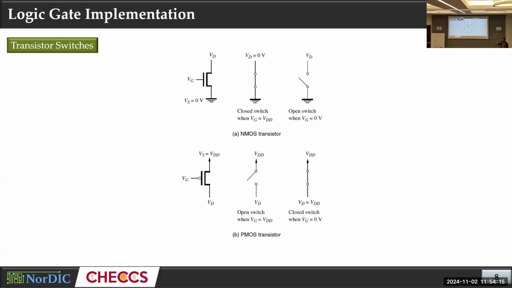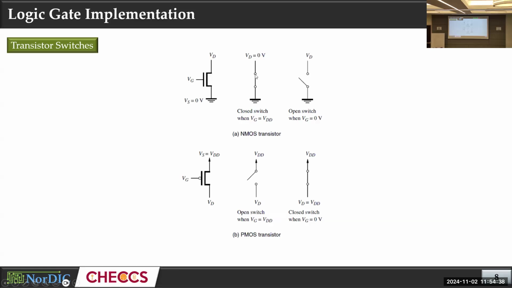When I tell you logical 1, that means the highest voltage, I mean the VDD. So I am clarifying that if VG equals VDD, meaning we insert logical 1 as input in the gate, then this is connected.